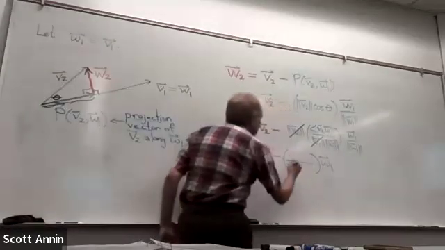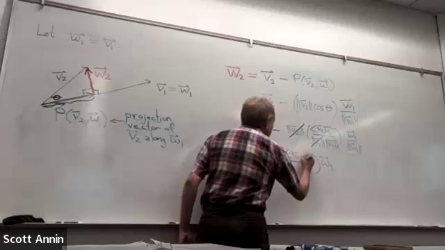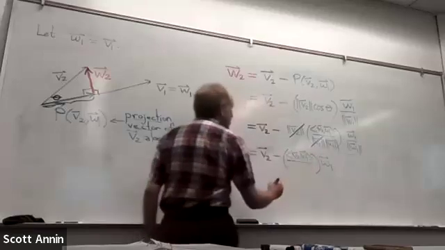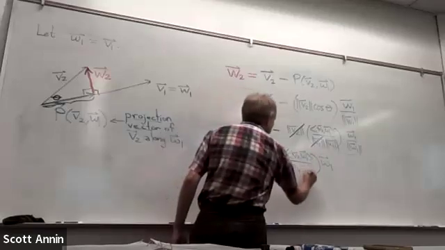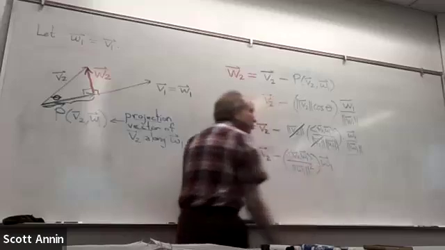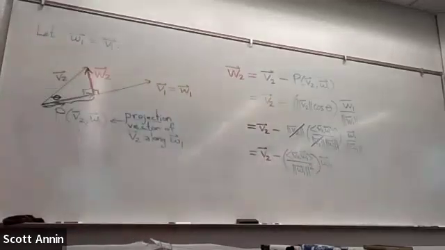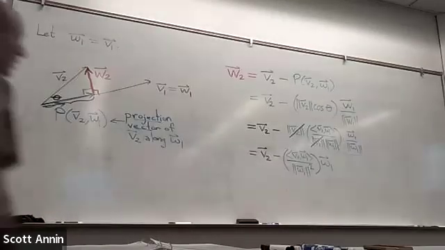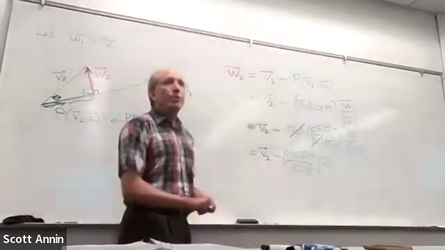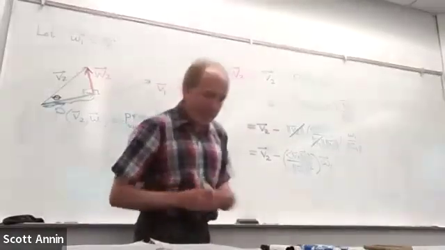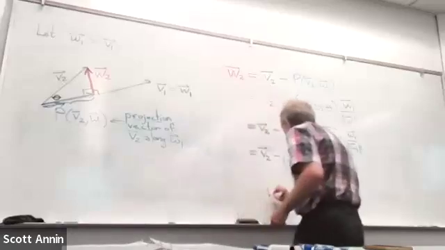I'm going to put it right into this little spot right here: the inner product of V2 with W1 on top. And notice that there are two powers of the norm of W1 on the bottom. There's two of them, so I'm going to square that. And that is the formula for W2. Okay, so that is the answer that we're looking for.